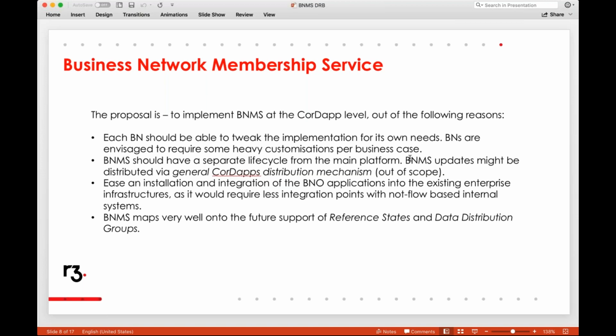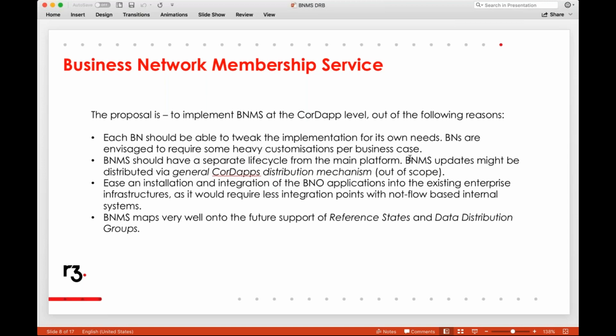So the business network membership service might have a completely separate life cycle from the main platform. And again, it should be the actual people who are running the network who are able to tweak the implementation to fulfill their own needs. Then there is the ease of installation and integration of this application into existing enterprise infrastructures.